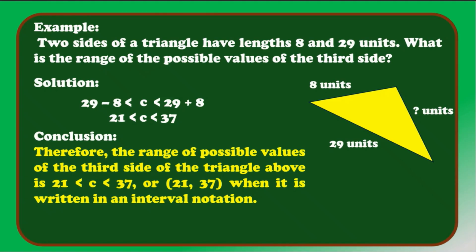Okay, so to make it short once again, to answer our question, what is the range of the possible values of the third side? Simply, the length for our missing side C is x greater than 21 but less than 37.